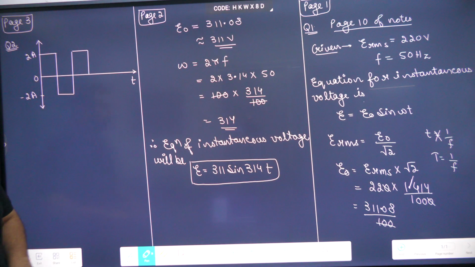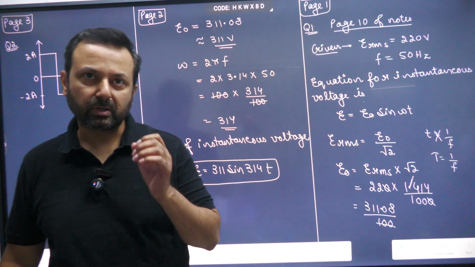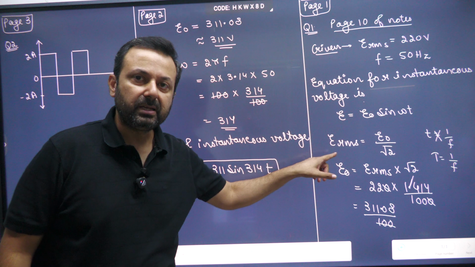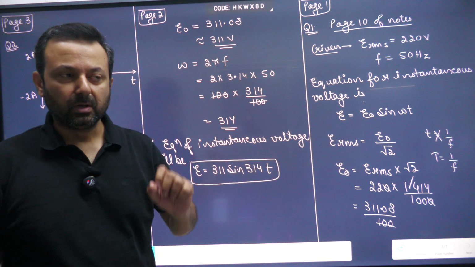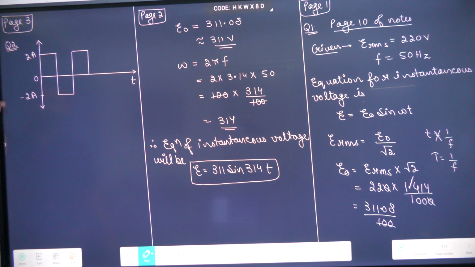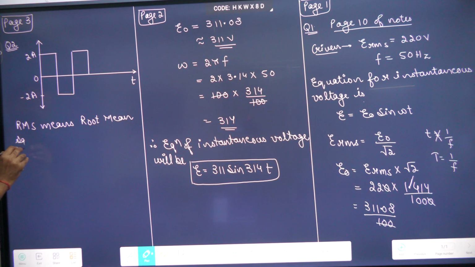So RMS value, we have calculated in the last class what is IRMS. IRMS is always equal to I naught upon root 2, and ERMS is always equal to E naught upon root 2. But what is the basic meaning of RMS value? RMS means root mean square value.